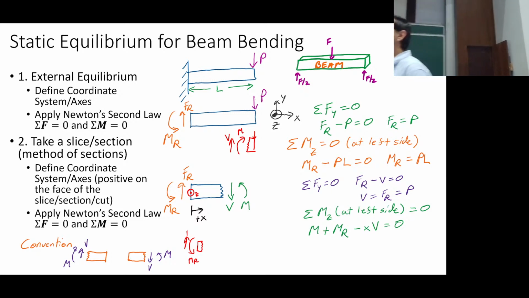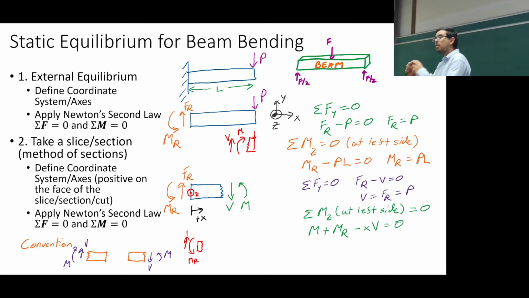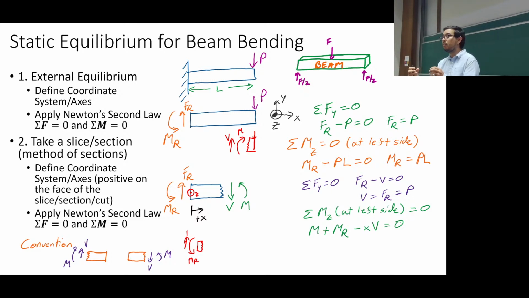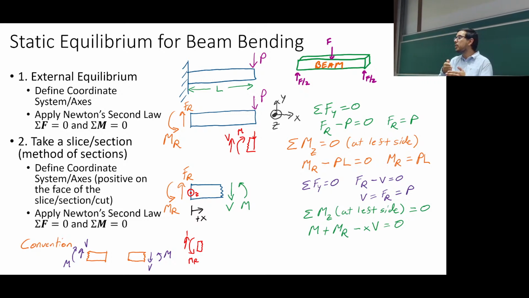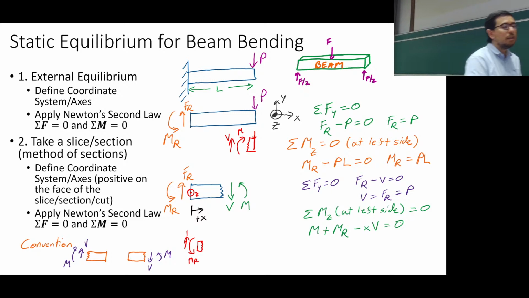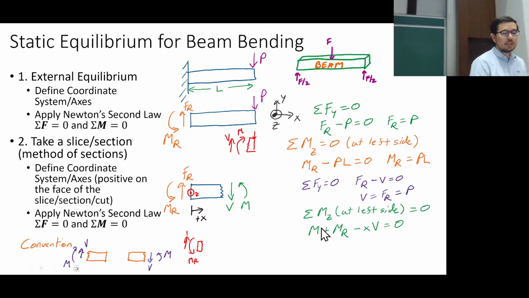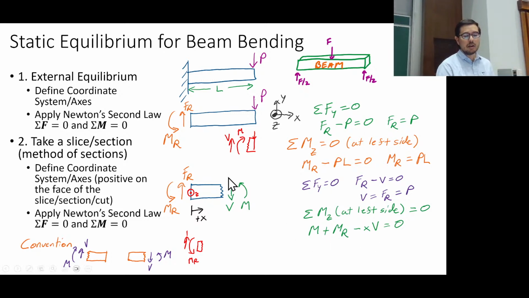Remember we were doing these nice examples with torsion and with bars, torsional loading and axial loading, where it was a constant. The force didn't vary from one point to another. This is an example where the internal moment is going to depend on where the slice is along the beam.